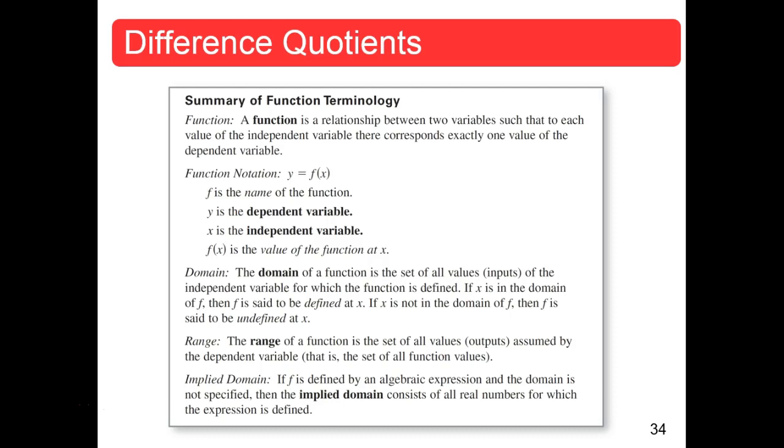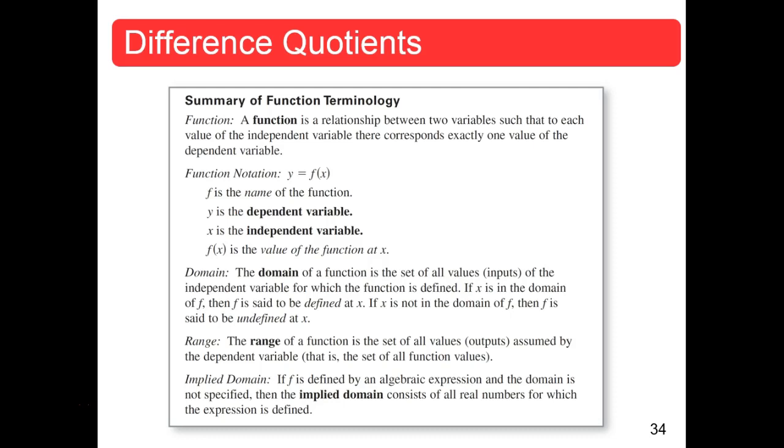If x is not in the domain of f, then f is, guess what, said to be undefined at x. What are the two places you watch out for? If you have x's in the denominators, you have to make sure none of the x's will make that denominator 0. The other place you watch out for is in square roots or any even root.